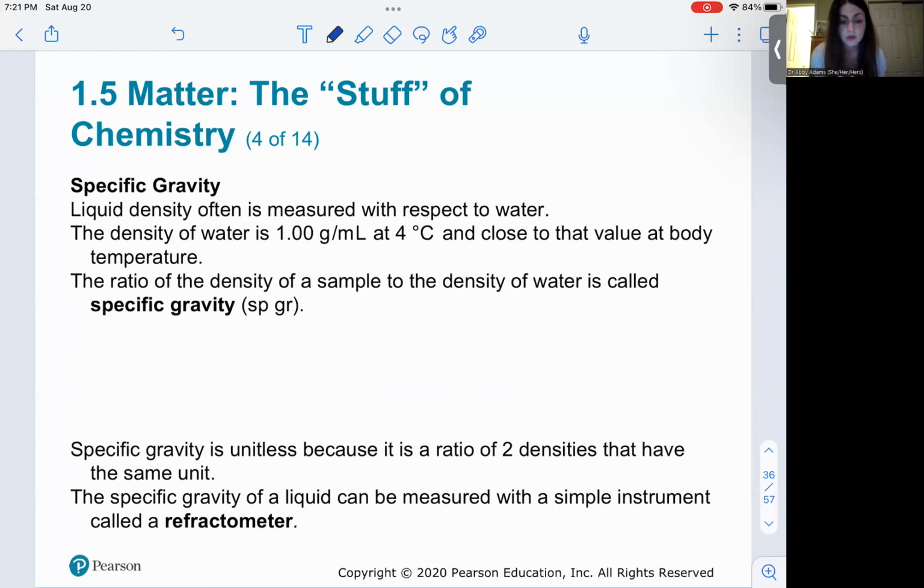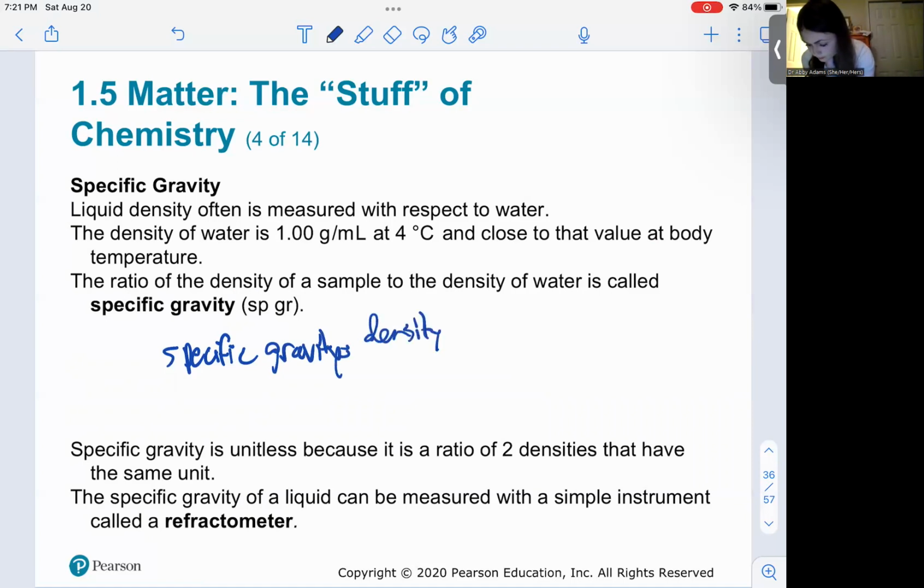So the ratio of the density of a sample to the density of water is called the specific gravity. And so this equation can be written out this way. Specific gravity equals the density of a sample over the density of water, right?